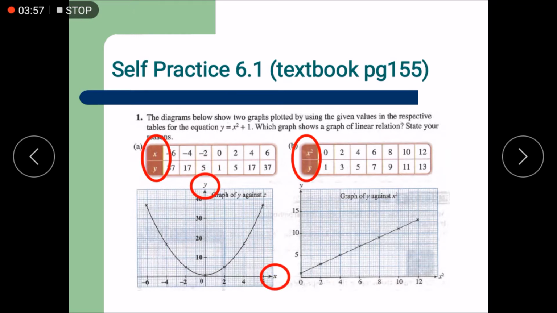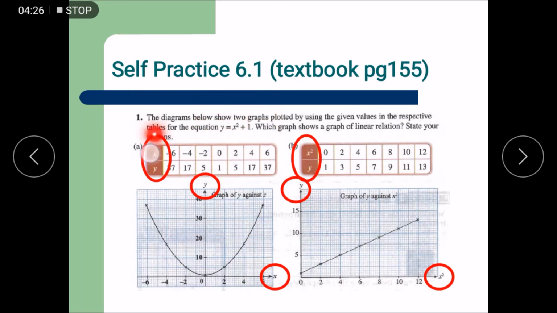The first question that you will see here says, which of the graph is linear relation? So if you see here A and B, of course B is linear equation. But do you know that for both graphs the equation is y equals to x squared plus 1.